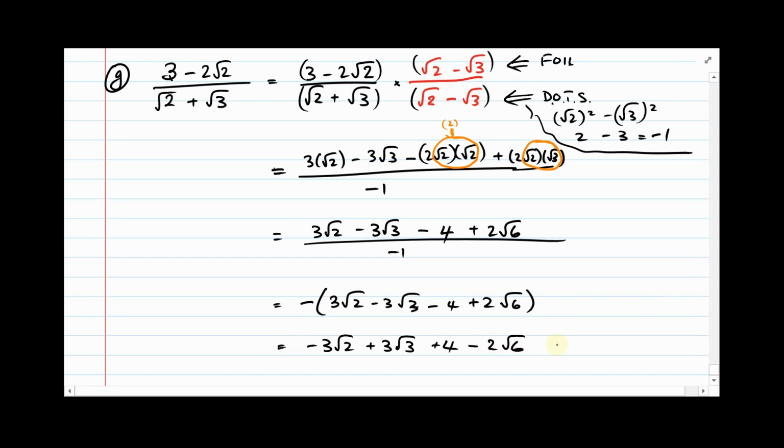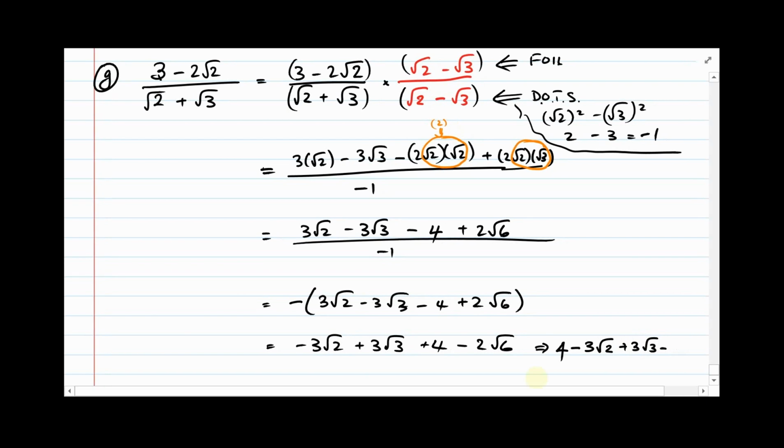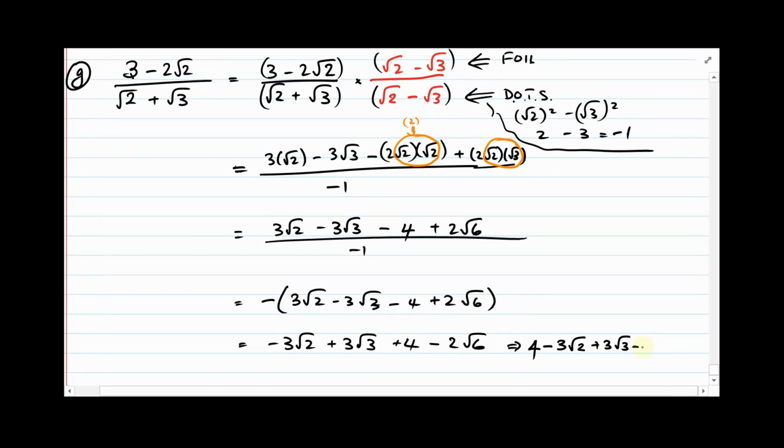Okay, sometimes you might want to put things in order, so we like to have the nice integer part first, or rational part first, and then we will sometimes order the radicals as they are increasing. So root 2 comes before root 3, and we also would have root 6 coming after root 3. But no big deal, as long as all the terms are there, that's all we want.